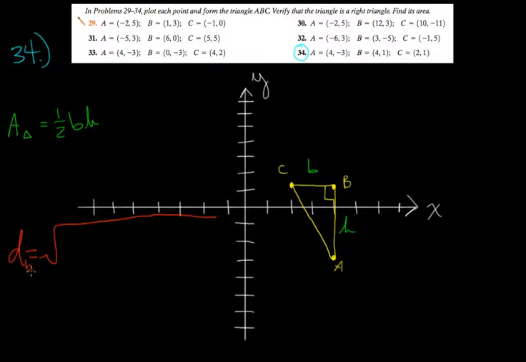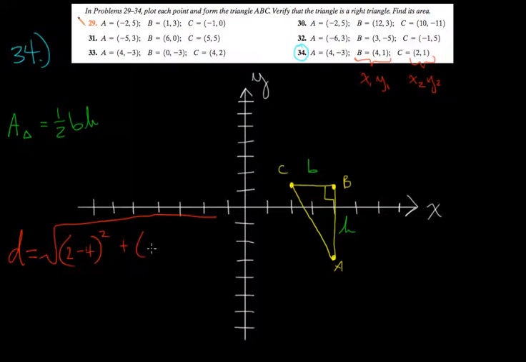So we'll find the base first, the distance between B and C. We'll say B is our x1, y1, and C is our x2, y2. Doesn't matter. So x2 minus x1, 2 minus 4. Oh, I picked the wrong one, but it's okay because math is awesome.